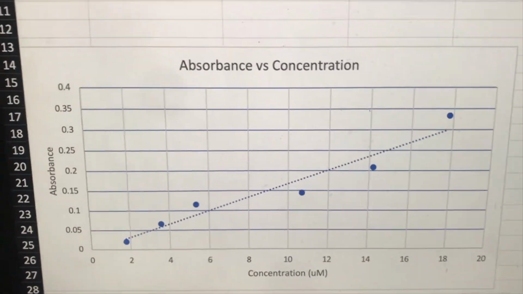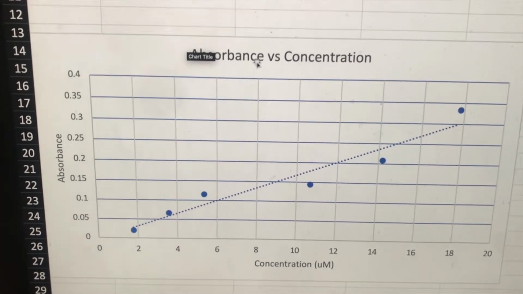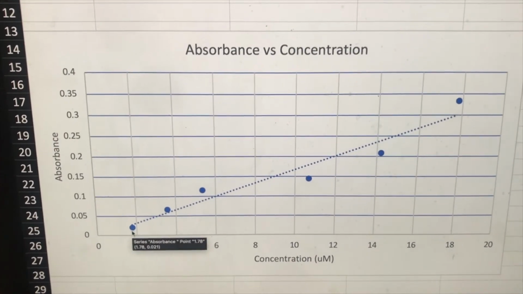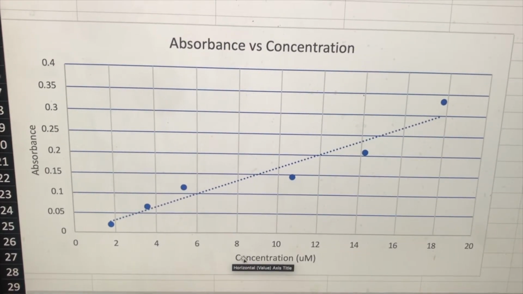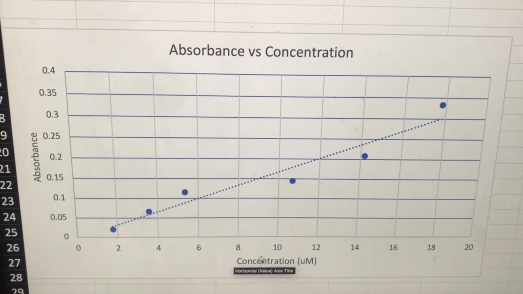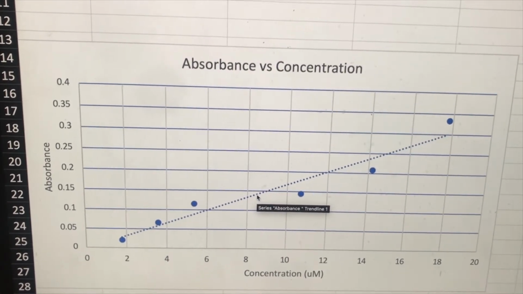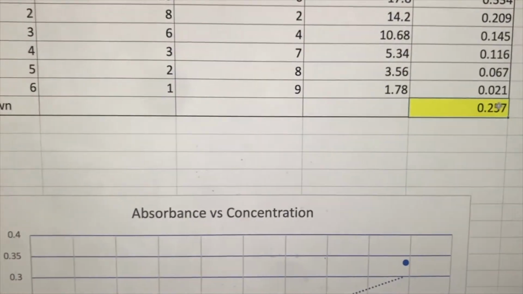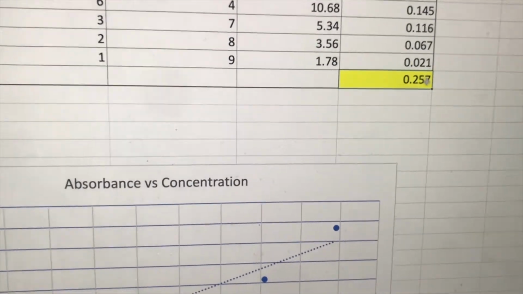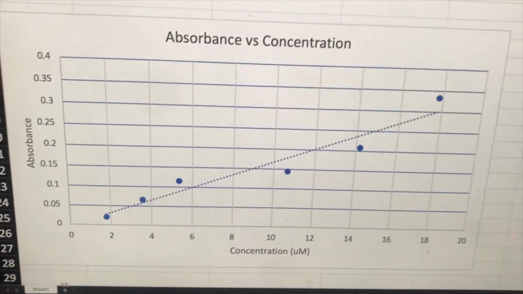So this is our absorbance versus concentration graph, where we have absorbance on the y-axis and concentration in millimoles on the x-axis. We have our points that correspond with the concentration and absorbance values. We have a trend line, which can be used to estimate our unknown solution concentration.